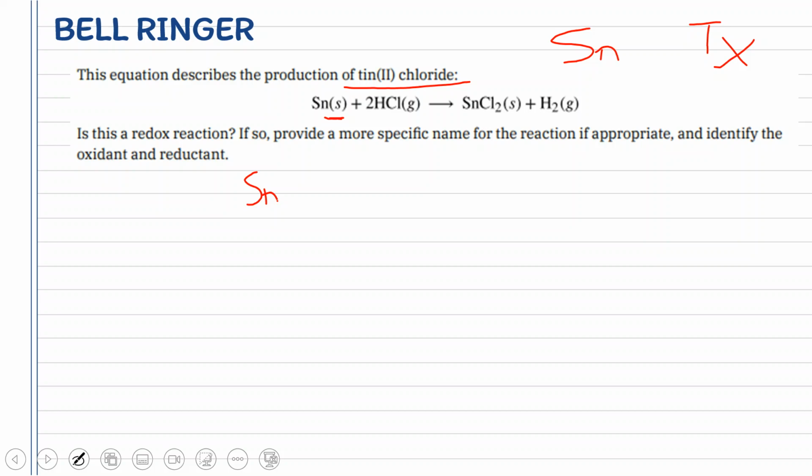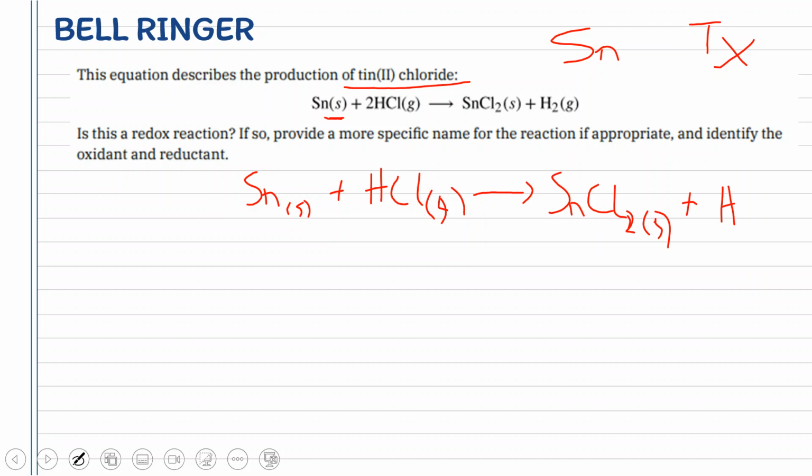So we have tin in its elemental form reacting with HCl, and it produces tin chloride, which is in a solid form, and it releases H2, hydrogen gas.